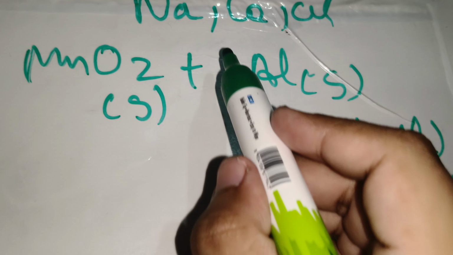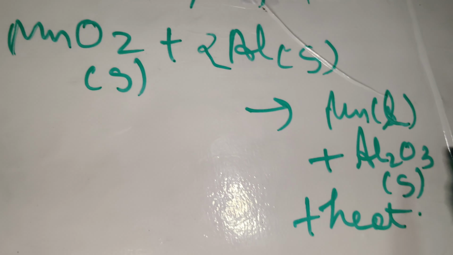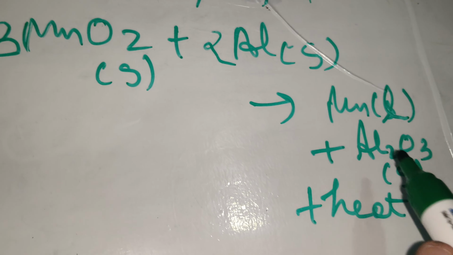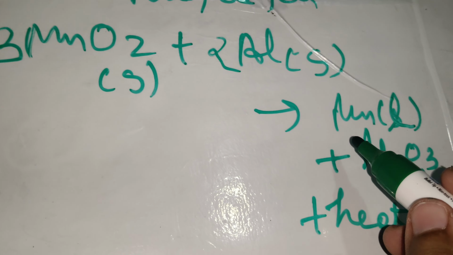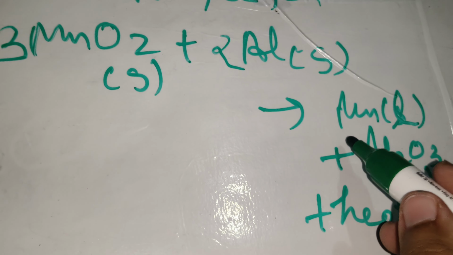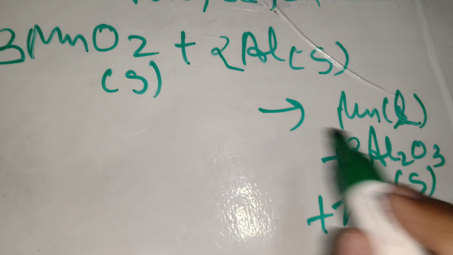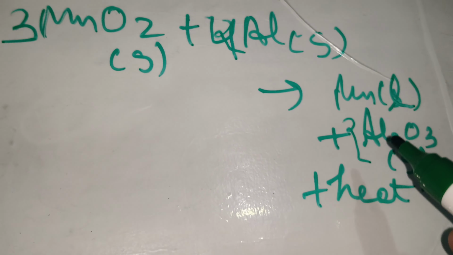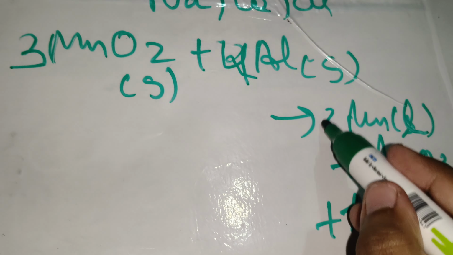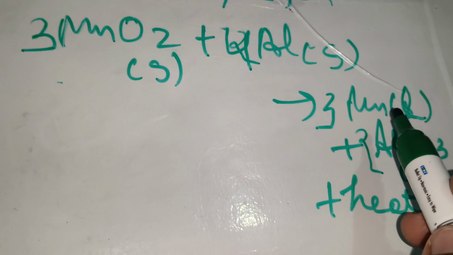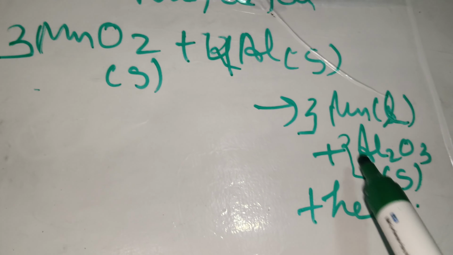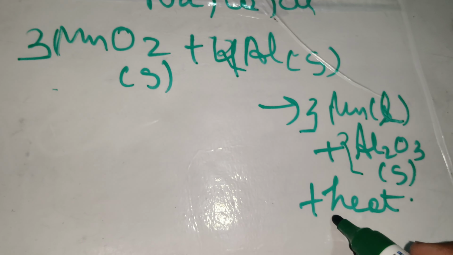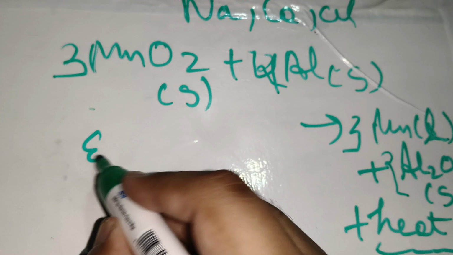So we multiply by 2 and here the oxygen is 3, so we get multiplied by 4. Now if you see the reaction, there is magnesium 3, there is magnesium 6, there are 4 aluminium and 6 oxygen, and also heat is released because these reactions are exothermic.